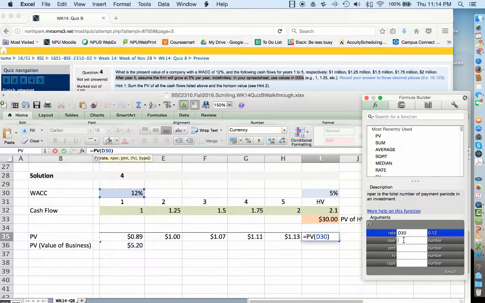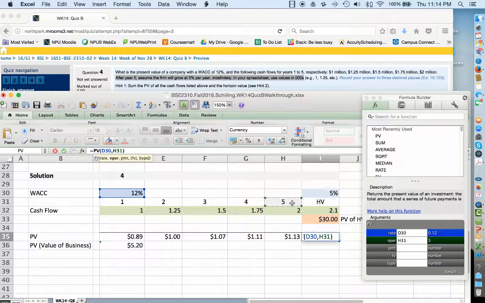And that is because that $30 is the present value as of the end of year 5. The $2 is also as of the end of year 5. And that's just a norm of how this analysis works, based on the way that the present values calculate and the way that the perpetuity equation works.